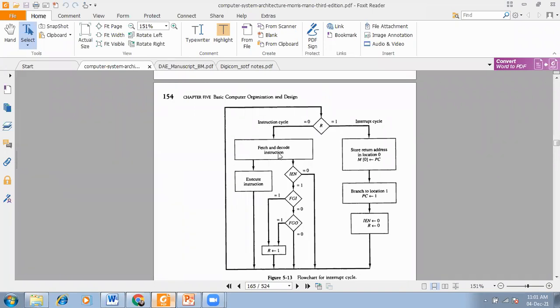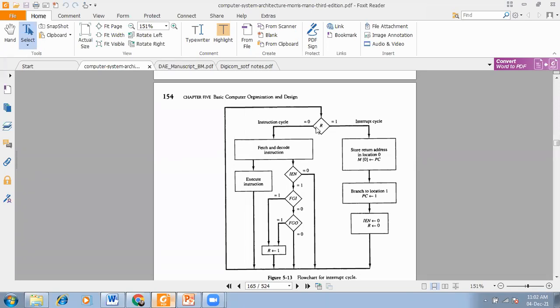Okay, the instruction cycle: your instruction will execute, normal execution, the instruction cycle, which is fetching the instruction, decoding and execution, that process will happen. That is why it came here: 0, fetch and decode the instruction, then execution of the instruction, again it will come back here and it will check.